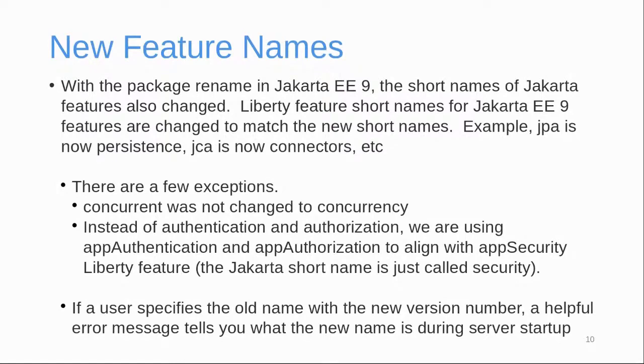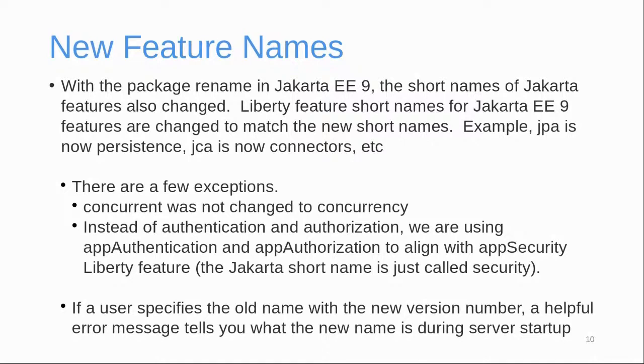So they required those short names to also be changed. With this change over to Jakarta 9, we ended up changing the Liberty feature short names as well to be the new names from a Jakarta perspective. So instead of JPA, for instance, now you'll see persistence, or for JCA, you'll see connectors, and for EJBs, you'll see enterprise beans. Those are some examples of how it is.